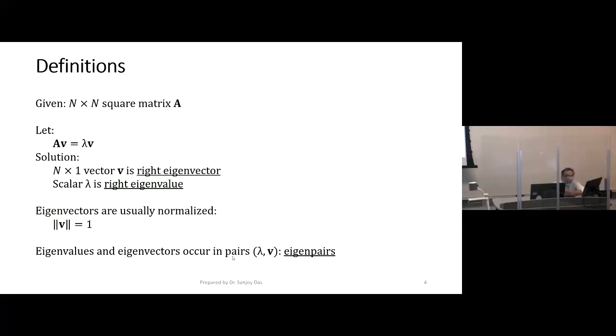In general, we will have multiple eigenvalues and eigenvectors, and they occur in pairs. So for this eigenvalue lambda, this is the corresponding eigenvector, and vice versa. For this eigenvector, this is the corresponding lambda. This lambda could have multiple eigenvectors too, you'll see. Okay, so lambda, V is called an eigenpair.